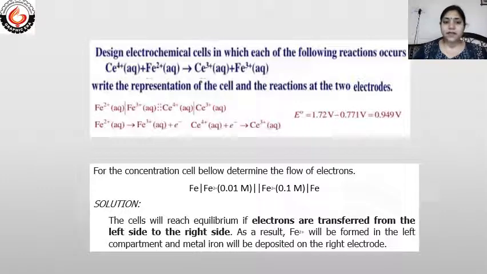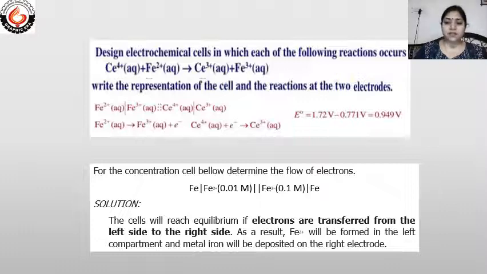During the representation, first we have to check which is going to oxidize and which is going to reduce. Here, Ce4+ is converted to Ce3+, which means Ce4+ is getting reduced to Ce3+.